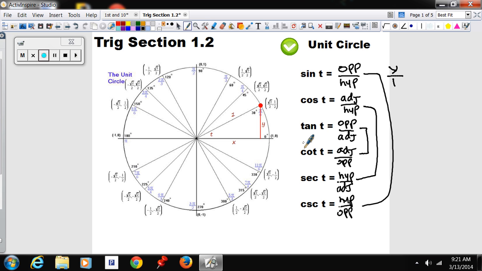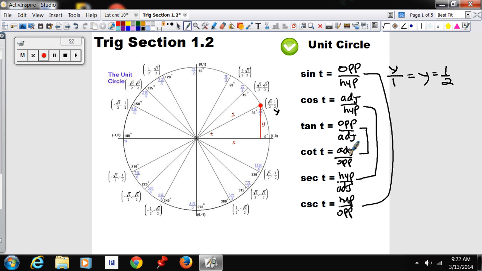Just Y. So an easy way to remember what the sine is on your unit circle is just find the Y value. If I'm looking at this angle, my sine is going to be my Y value. What is the Y coordinate at that point? 1/2. So my sine is actually going to be 1/2.